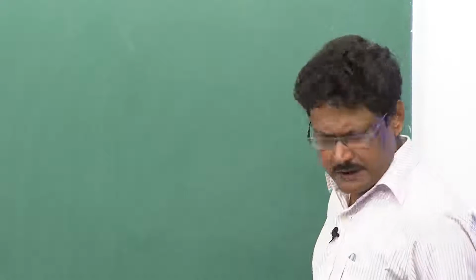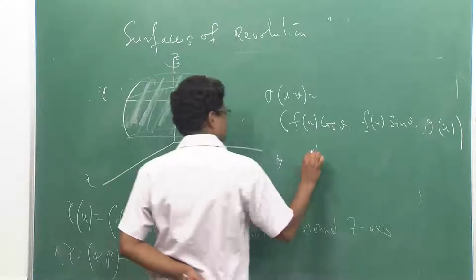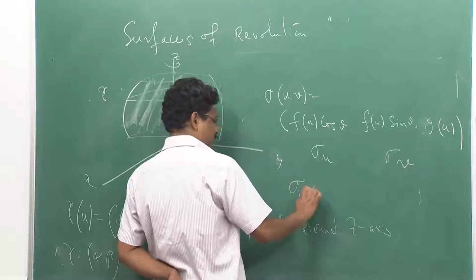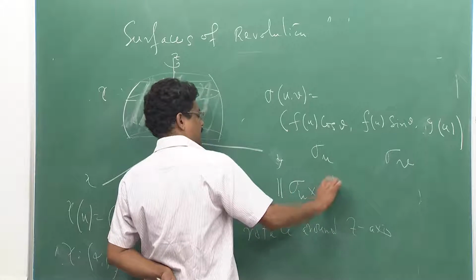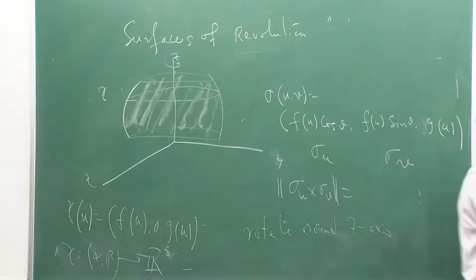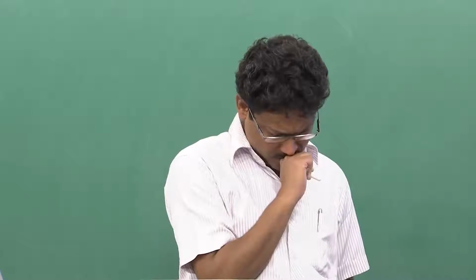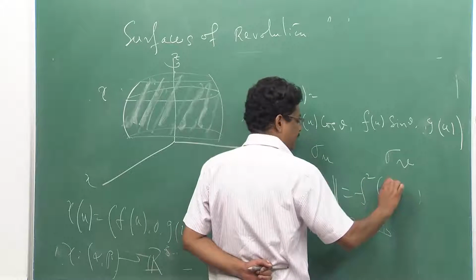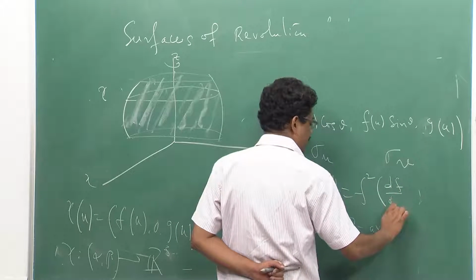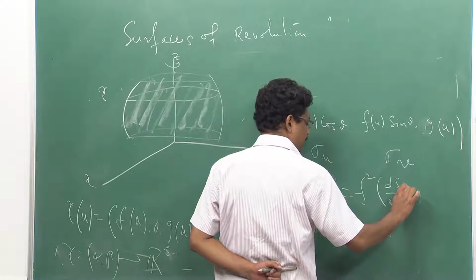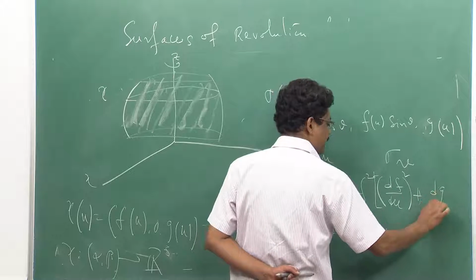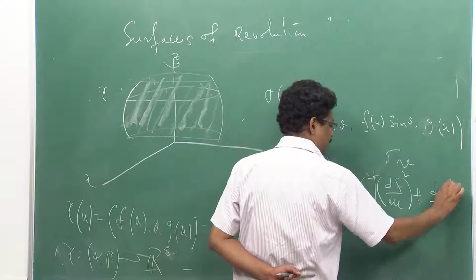You can easily verify this is a regular surface, that is not a problem. You can calculate sigma u, calculate sigma v, and then you see sigma u cross sigma v. This is nothing but it comes out to be how much? f square times (df/du) square plus (dg/du) square.